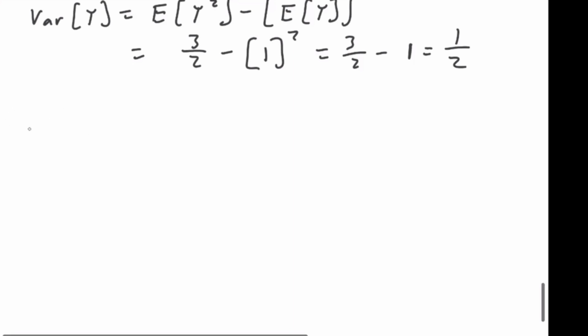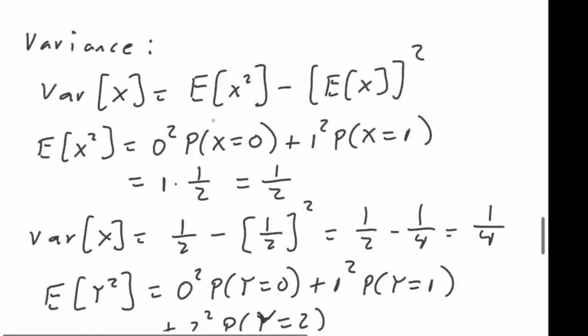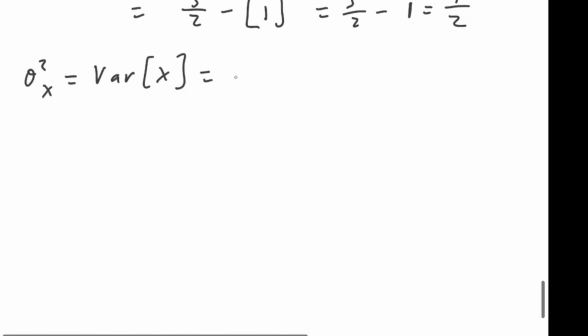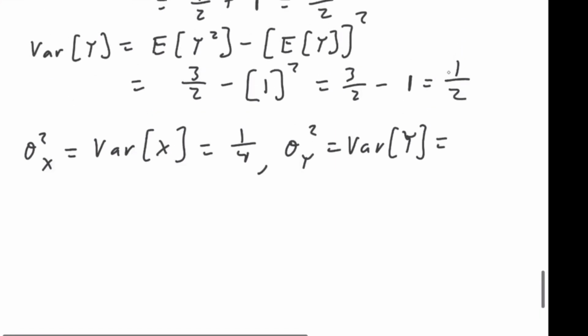So remember, we know that sigma squared of x is equal to the variance of x, and the variance of x we calculated to be 1/4. And the variance of y we got to be 1/2.